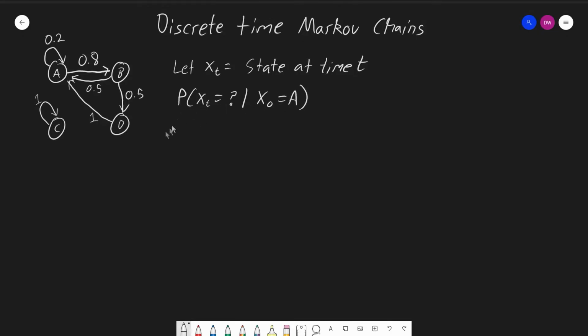Another reasonable question we may want to talk about is, as t approaches infinity, what is p of X of t? Or in this case, p of X of t given some initial probability, given that we started at A. And you may ask, okay, well, why would we want to know that? But let's think about what this means.